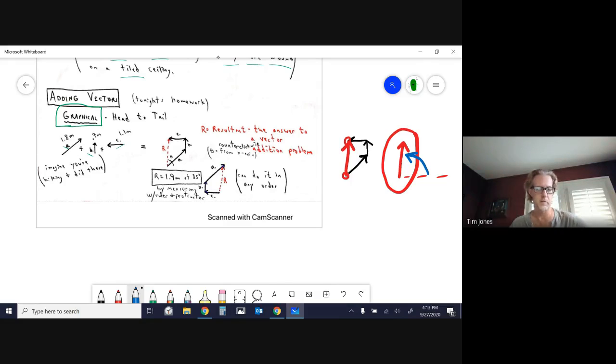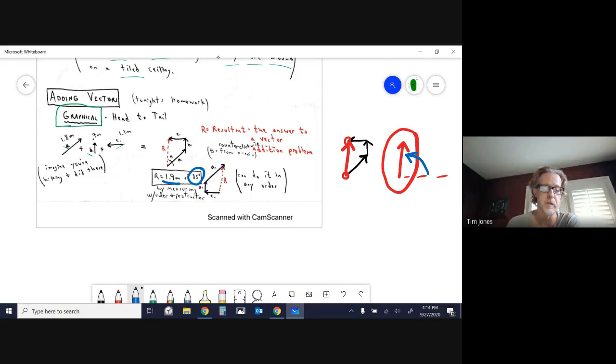In this case, if you do this and you compare it to what we had here, you might get a little bit different numbers, but you should be in the general area of 1.9 as compared to the other arrows, and 85 degrees starting counterclockwise from the positive x-axis.